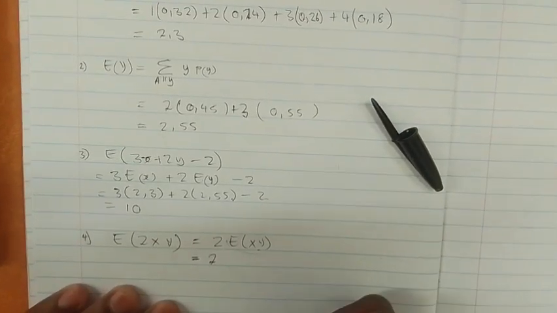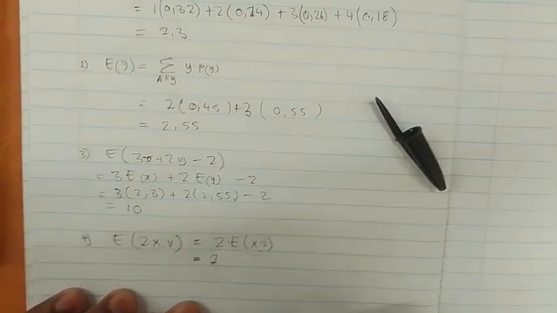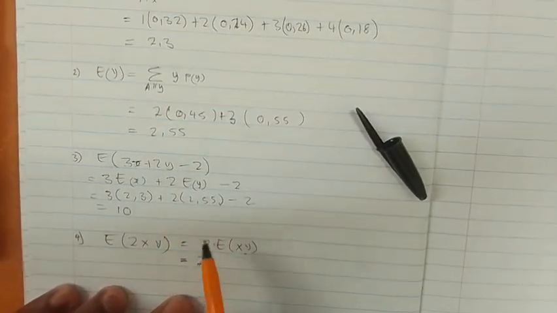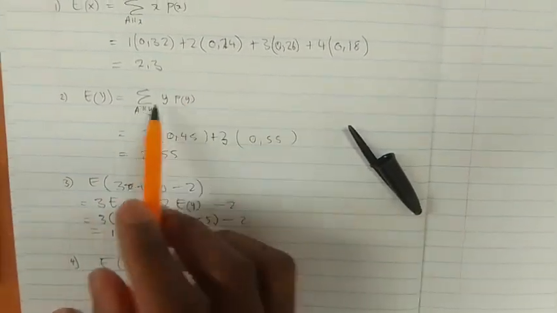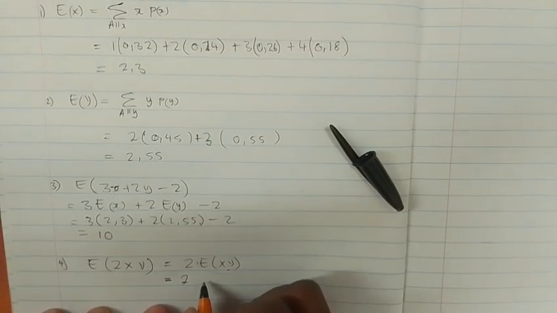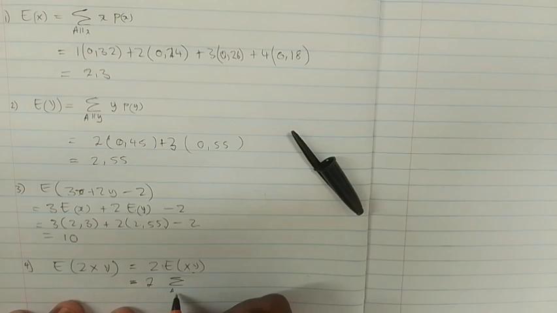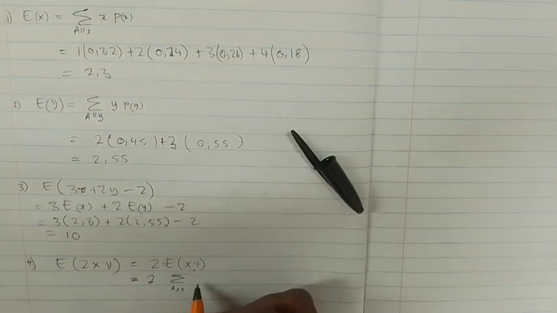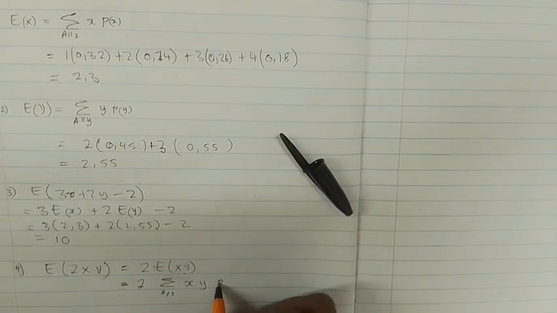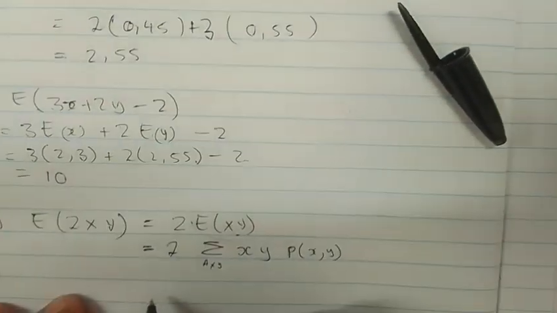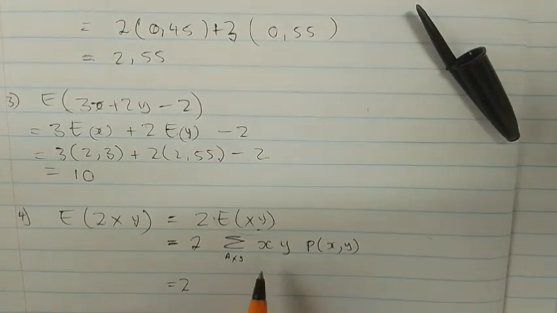Now that they are not independent, you use the very same formula of the expected value of a discrete random variable, meaning the expected value is going to be the sum of all x and y's for xy, taking on the probability of xy. Now, keep the 2. Let's go back to the table.